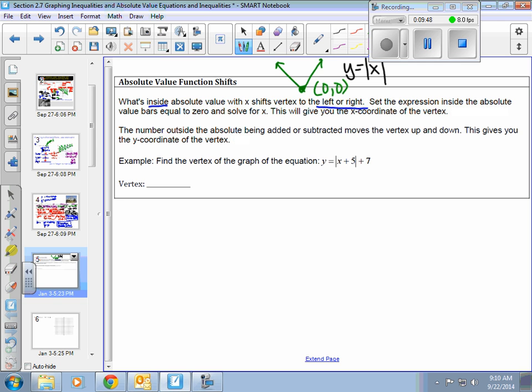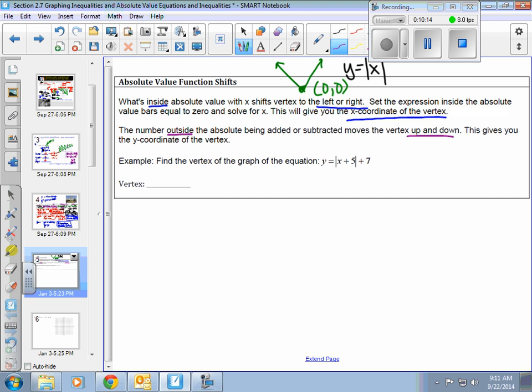So to figure out what the x value of the vertex is, you can set the inside equal to 0 and solve for x. This will give you the x coordinate of the vertex. Then the number on the outside, what is being added or subtracted, moves the vertex up or down. So this, as is, gives you the y coordinate of the vertex. The example says find the vertex of the graph of the equation.